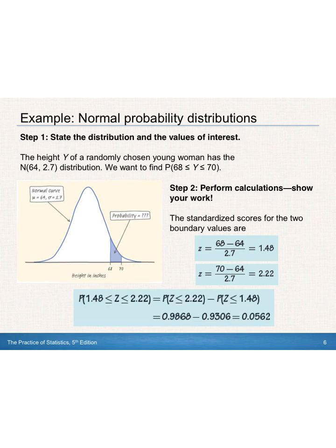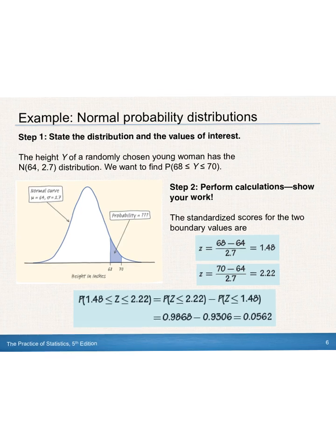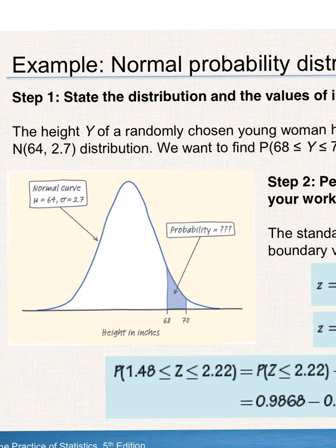But basically what you're doing is you're finding the z-score. We're going to find the z-score for 68, then find the probability for that using the table. You're going to take the z-score, go down to the table. You're going to do the same thing for 70, find the z-score, and then use the table to find the probability, then you're going to subtract them.